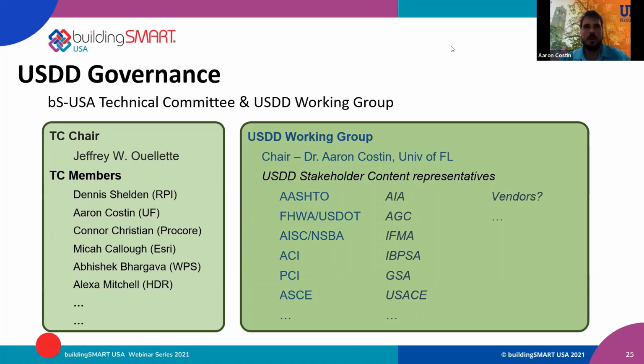The other thing we're looking into is getting more vendors involved, to get their insight, to make sure they're able to have more streamlined approaches when using APIs into the content. Overall, we're looking to form this working group with a variety of representatives of all the stakeholders that we're representing.